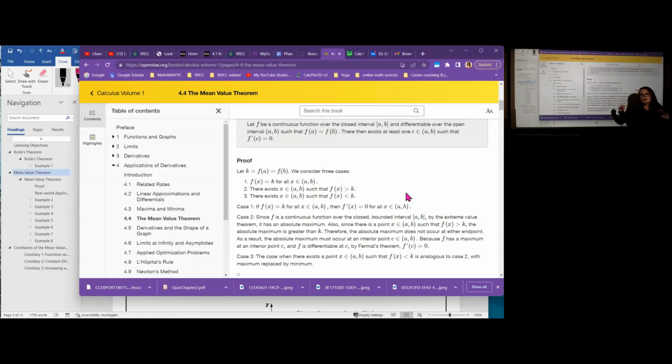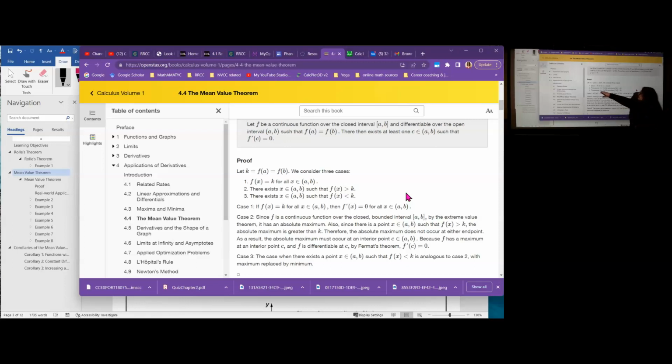Because f of a and f of b are k, and we have a function value bigger than that, the absolute maximum can't be at the endpoints. So it's got to be at a critical point on the inside. This is an interior point between a and b. And since it has a maximum there and it's differentiable there, by Fermat's theorem, the derivative at that point must be 0.